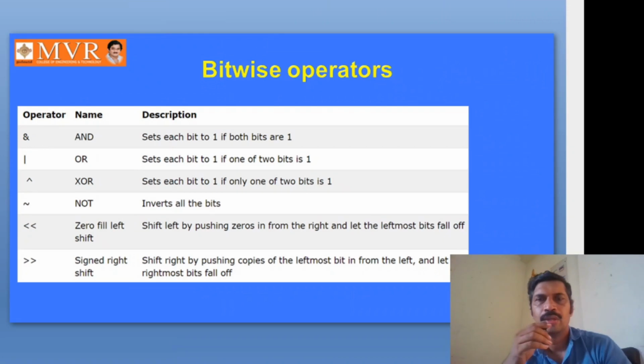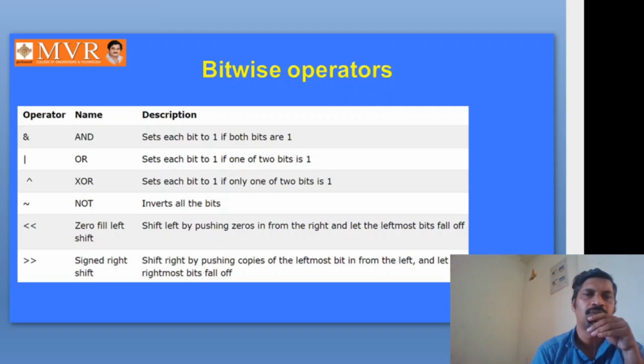Okay, NOT means invert all the bits. We will see what is the NOT of 4. NOT of 4 is -5. Okay, the same, using the 8 bits representation, signed magnitude representation.